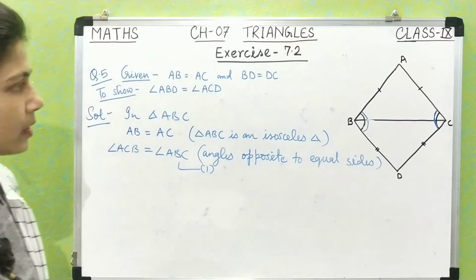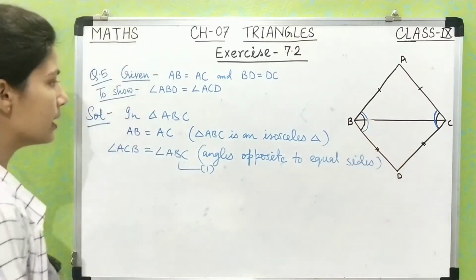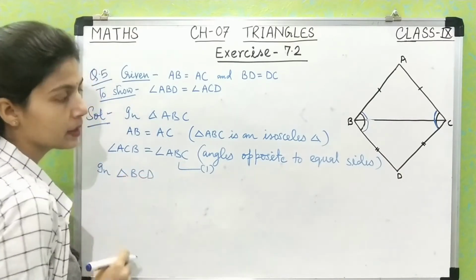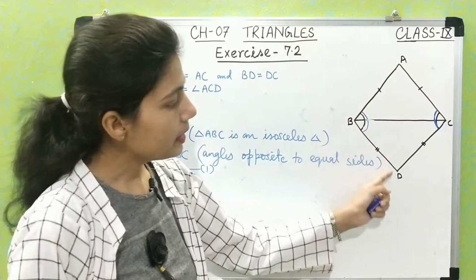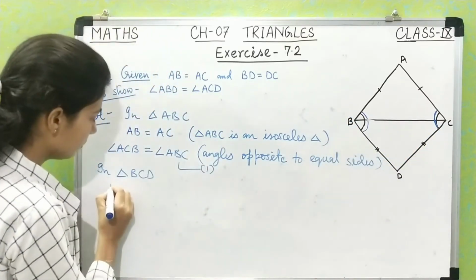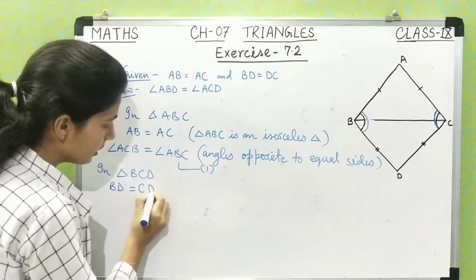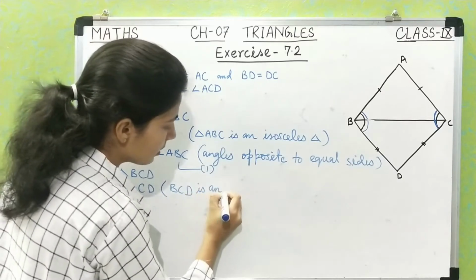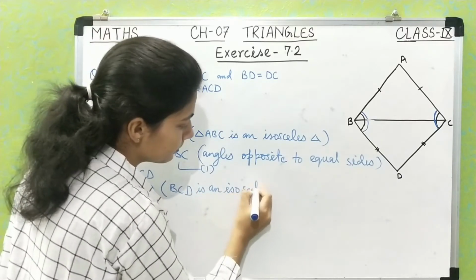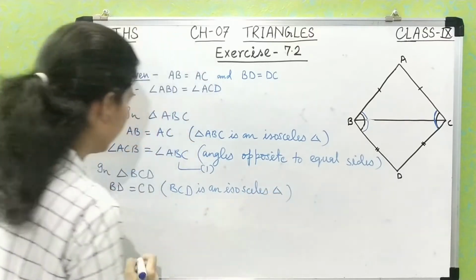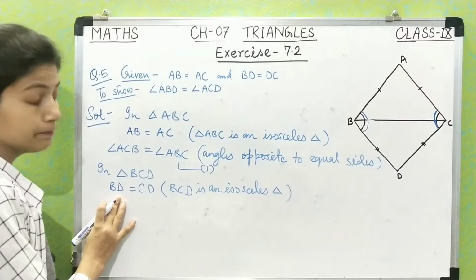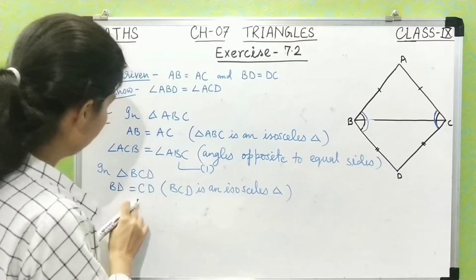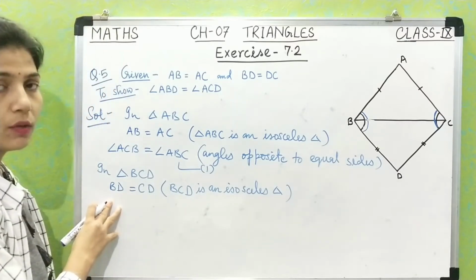Now see triangle BCD. Now we will consider triangle BCD. Here also the sides BD equals CD. Why? Because BCD is an isosceles triangle. According to the property of isosceles triangles that we proved in the previous session, the angles opposite to equal sides are equal.